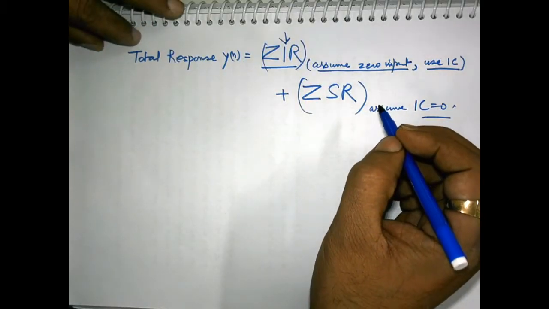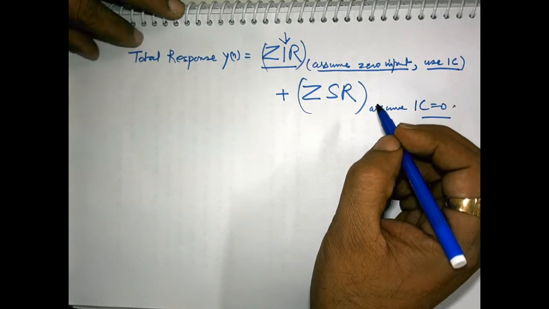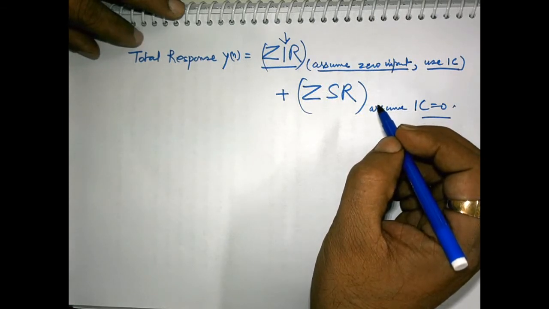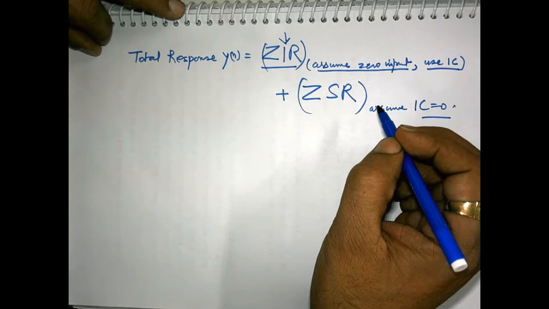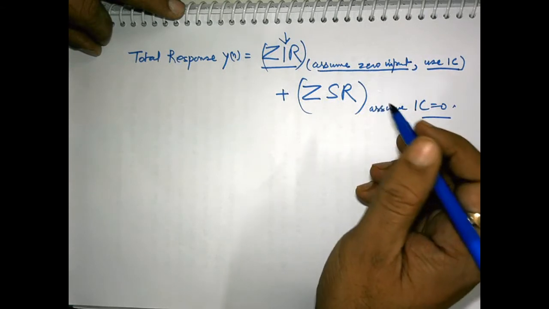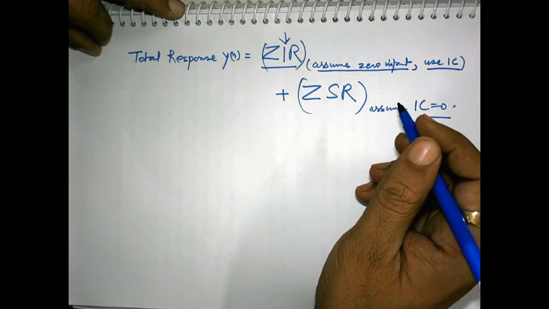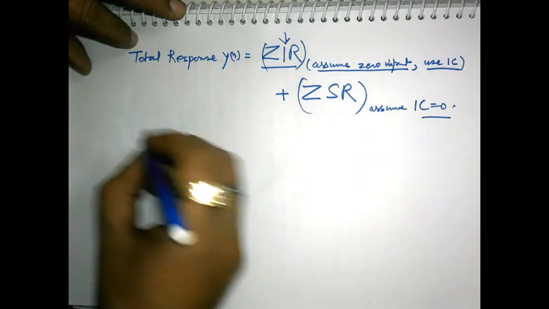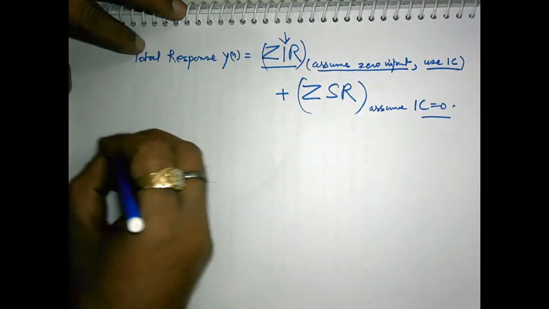Since the zero input response and zero state response follow the law of linearity, superposition, and if the system is time invariant, they also follow the law of time invariance, therefore it can be applied for the solution of the general difference equation.